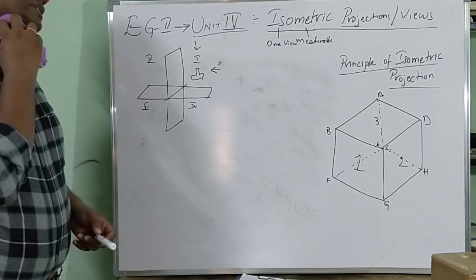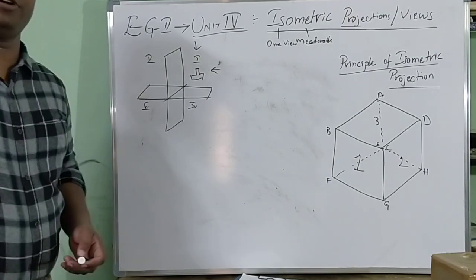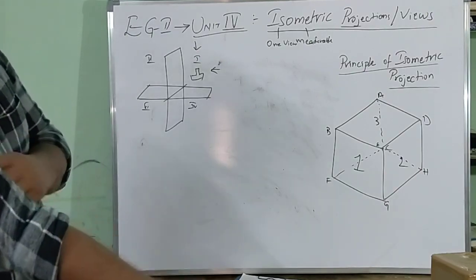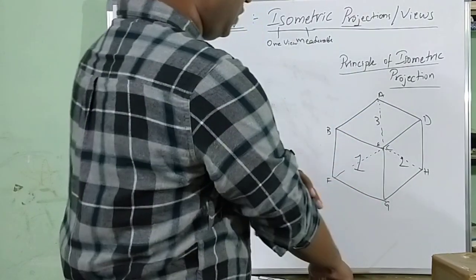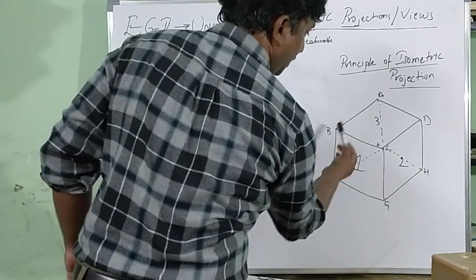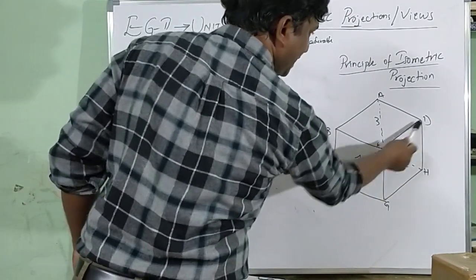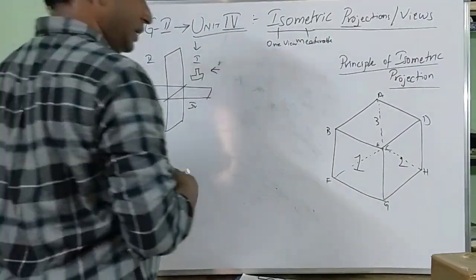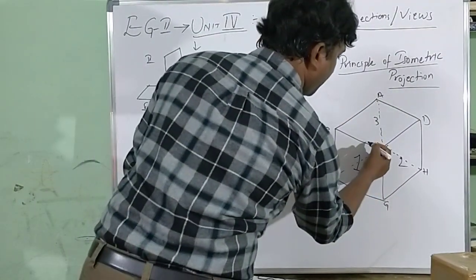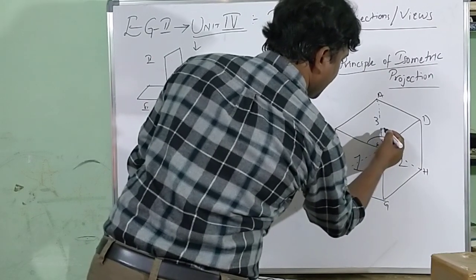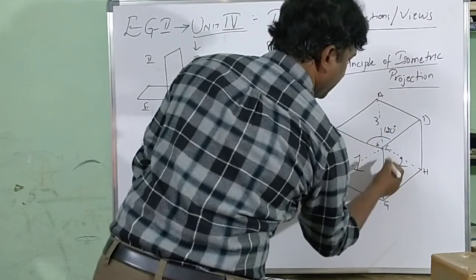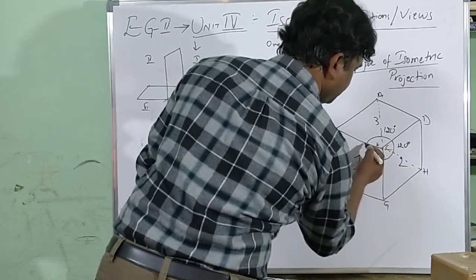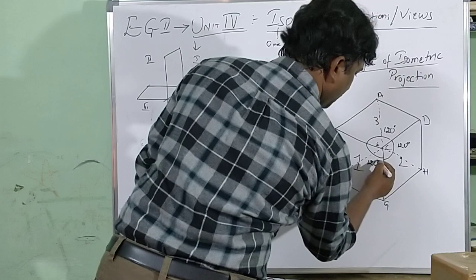You know, a cube consists of square faces where each square has an angle of 90 degrees. Now think here, at this particular location, the angle between BC and CD is 90 degrees. But when you take this and rotate it to a particular position, this angle will be 120 degrees. Now this will again be 120 degrees, and this will again be 120 degrees.